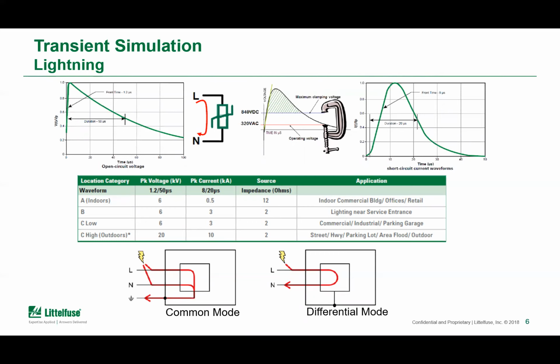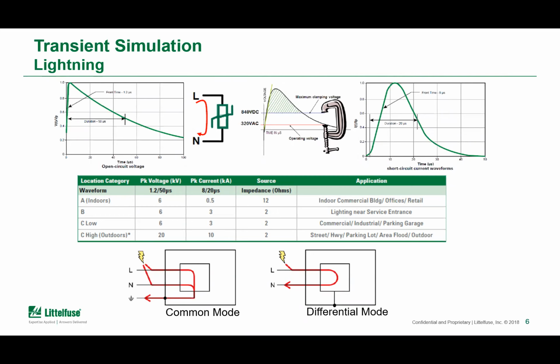So if it's at some distance down the line within a facility, then it's a much lower level of surge that they recommend you test to. If it's closer to the service entrance or near the distribution panel, then there's a little higher level. And then for outdoor equipment, they have both C-low and C-high. C-low is geared more towards outdoor structures like parking garages, whereas C-high is geared more towards high levels of exposure of outdoor equipment, such as a lighting fixture.